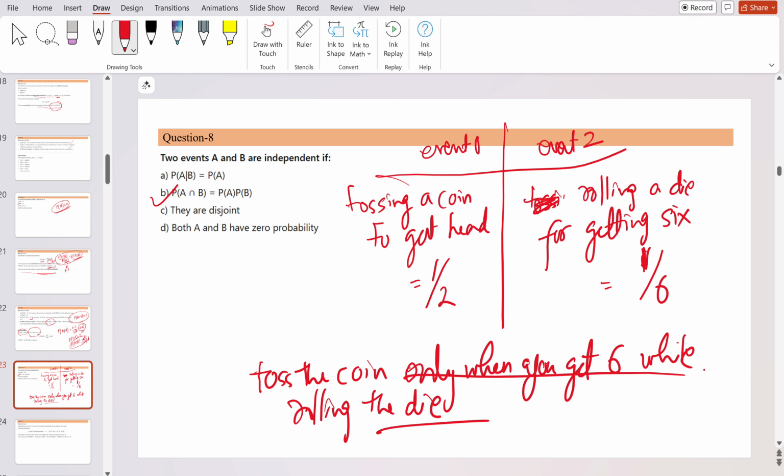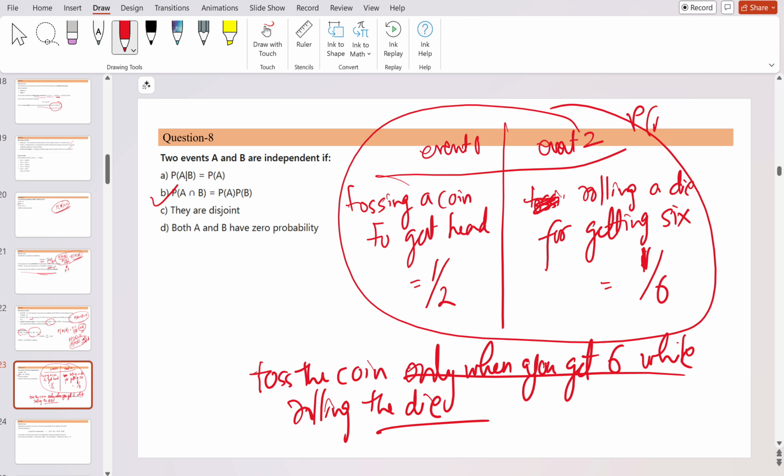Okay, so here the occurrence of one event is dependent upon the second event, so they are not independent, they are actually dependent. So this property, that the probability of A intersection B is equal to the probability of A multiplied by the probability of B, will not hold in that case. Here the probability of A intersection B is equal to 1 by 6 multiplied by 1 by 2, which is equal to 1 by 12.